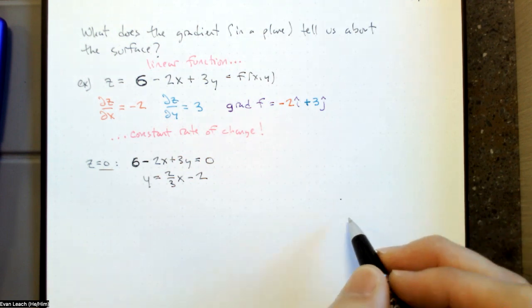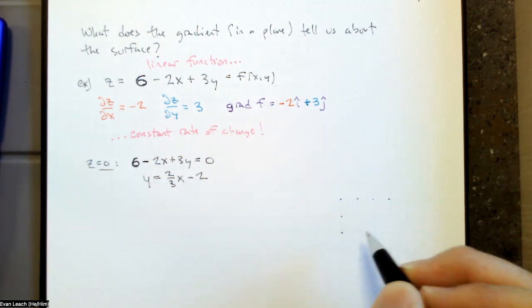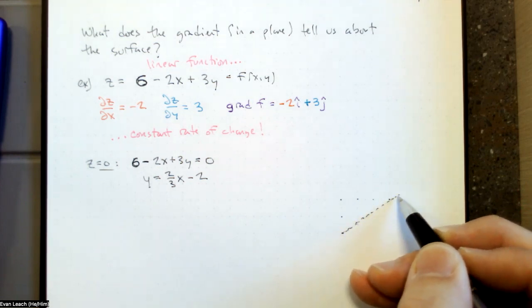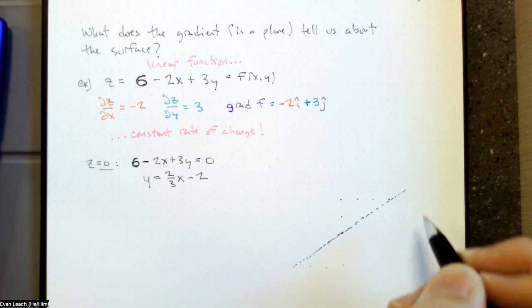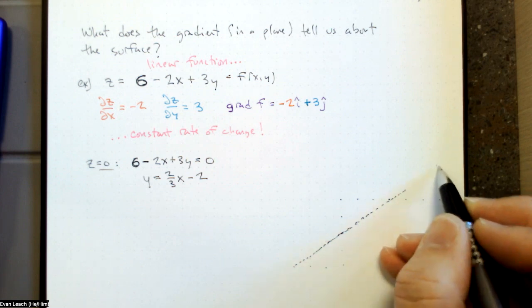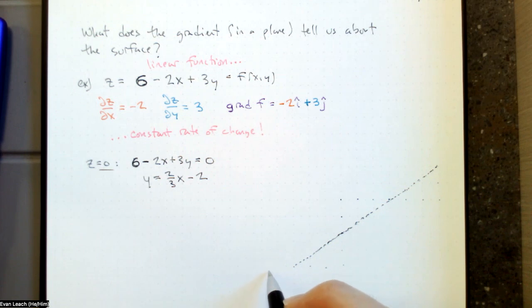So we got -2, a slope of 2/3. Here's our z equals 0 contour. Now we know that the contours of this plane are just going to be a bunch of parallel lines.